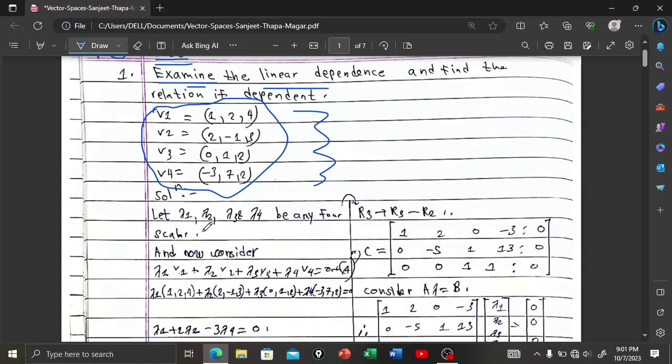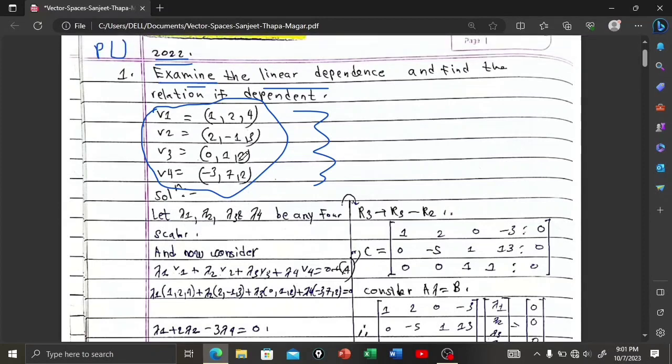Let lambda1, lambda2, lambda3 and lambda4 be any four scalars. To convert these vectors into equations, we define lambda1, lambda2, lambda3, lambda4 as the scalars.